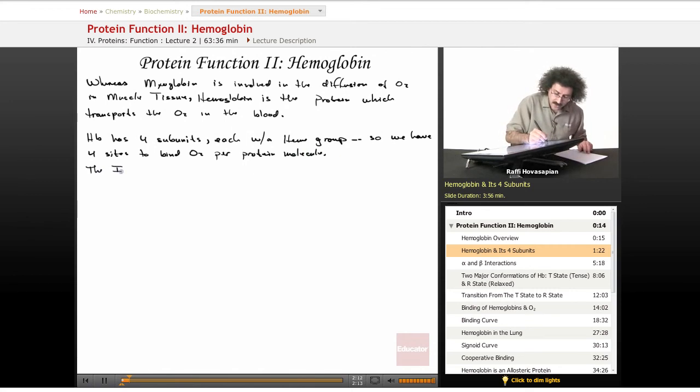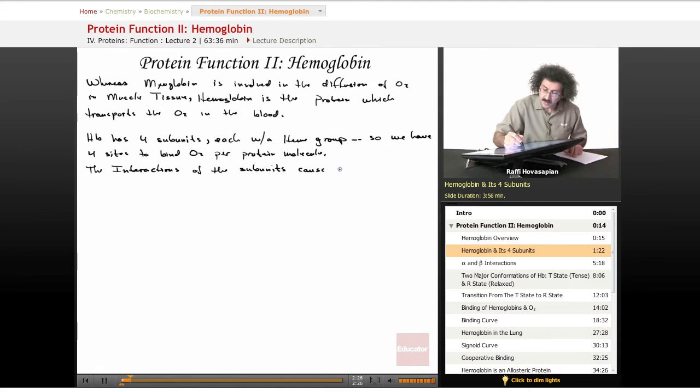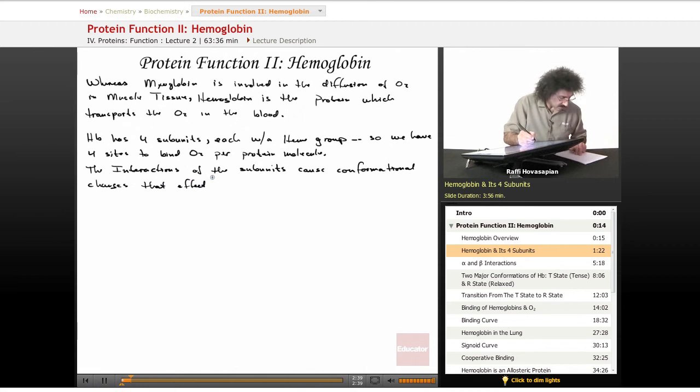Now, the interactions of the subunits cause conformational changes that affect hemoglobin's affinity for O2.